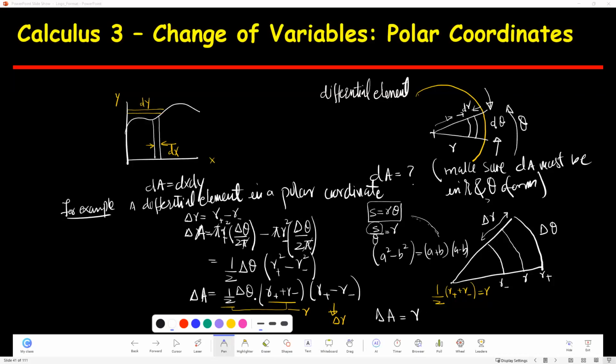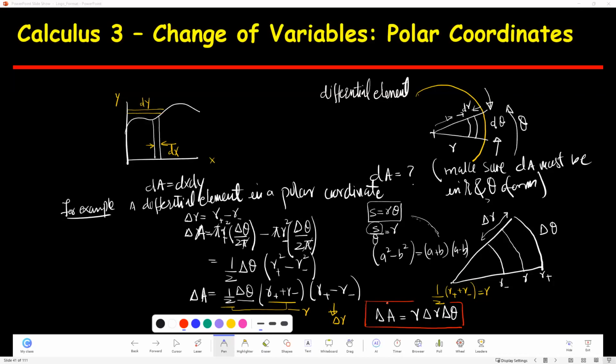R is coming from here to there, r, and delta theta, or delta r, delta theta. I got delta theta. From here is r, and then this delta r, I'm going to bring it first because r delta r makes more sense than r delta theta and delta r. These are two same operators, so I'm going to keep them together. And that is how I transform my dA or delta A into the polar coordinate system.